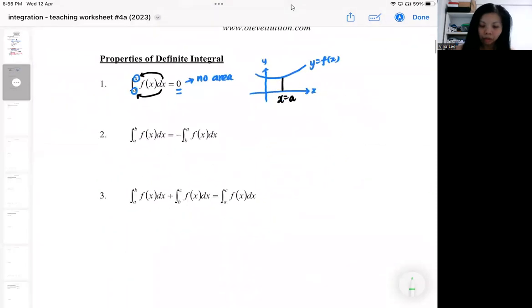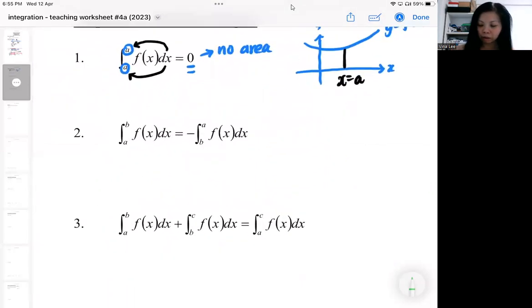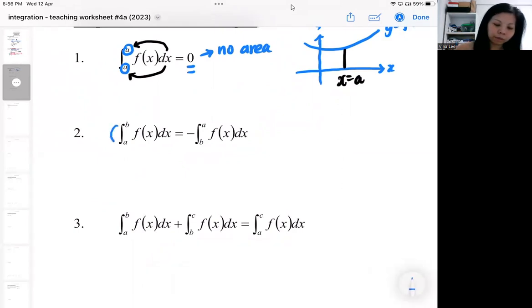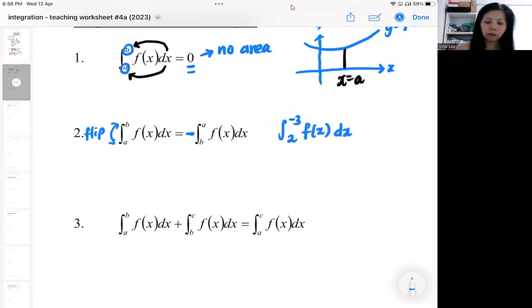Okay. Now just now I mentioned that for a definite integral, the bigger number has to be on top. The smaller number has to be at the bottom. So if it's not the case, if you need to flip the numbers, you can flip it with a negative sign. So for example, if let's say you've got integral from -3 to 2 of f(x). Okay.